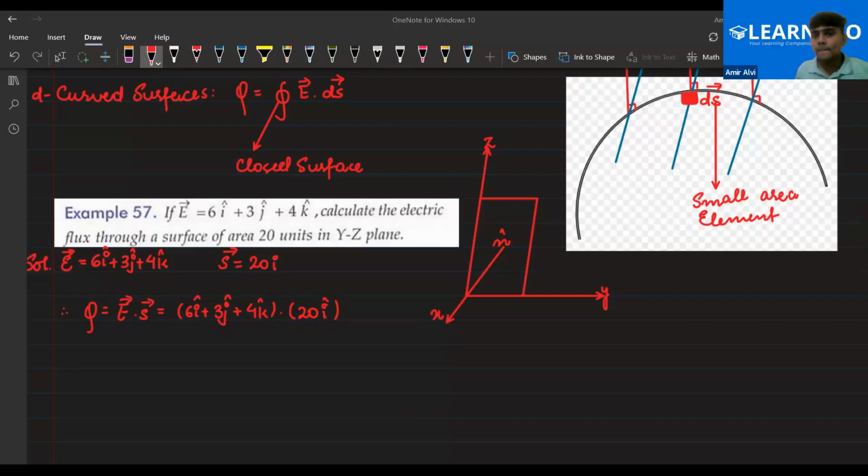So 6 i cap into 20 i cap. And what about the remaining portions? It will not remain the same, because I can write 20 i cap as 20 i cap plus 0 j cap plus 0 k cap. So multiplying with them, it would become 0 j cap and 0 k cap. Whenever it is written like this, the dot product says the i cap should be multiplied with the i cap.